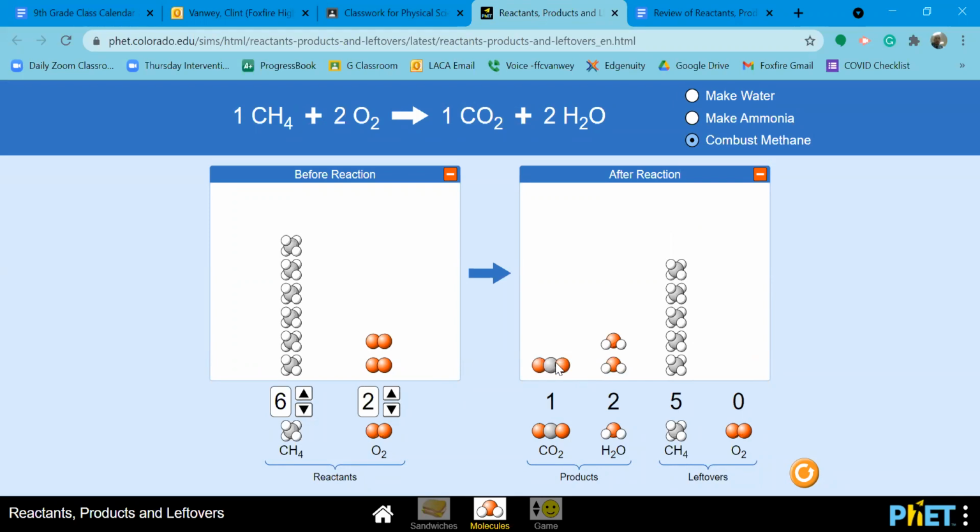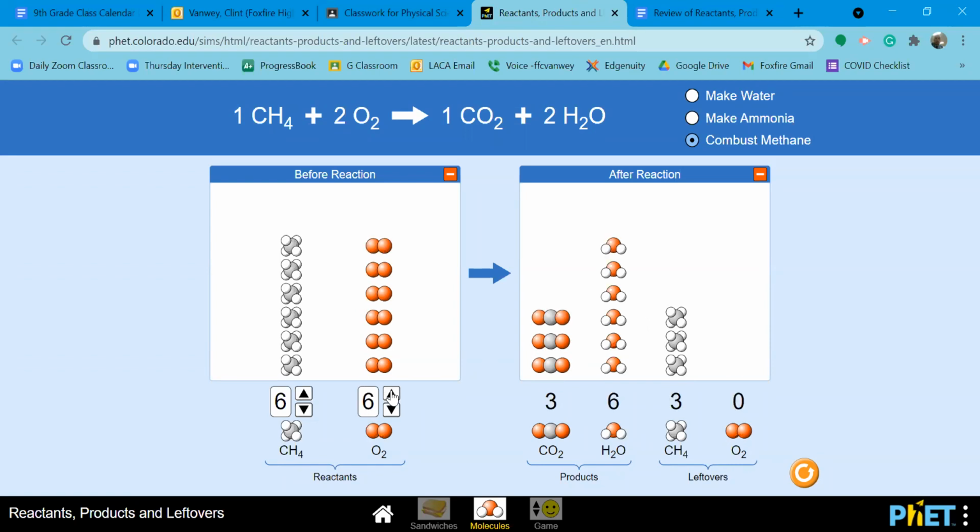We had a reaction. But I still have some methane that is not reacted. I have a sense that I need more oxygen to make that happen. I still have some unreacted methane, so I need even more oxygen.